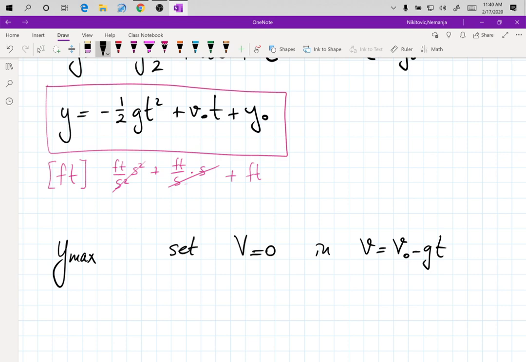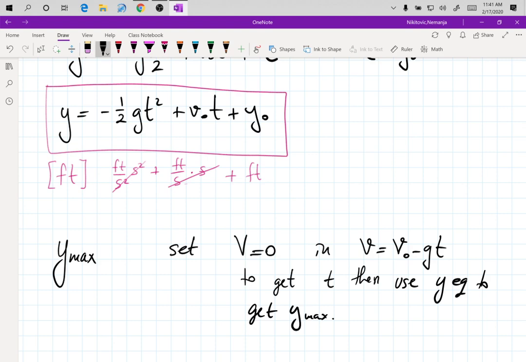Every object that you throw and falls back to the ground has to stop at the highest point. So from there you can get time. Then let's use the y equation to get y max, and that's it.